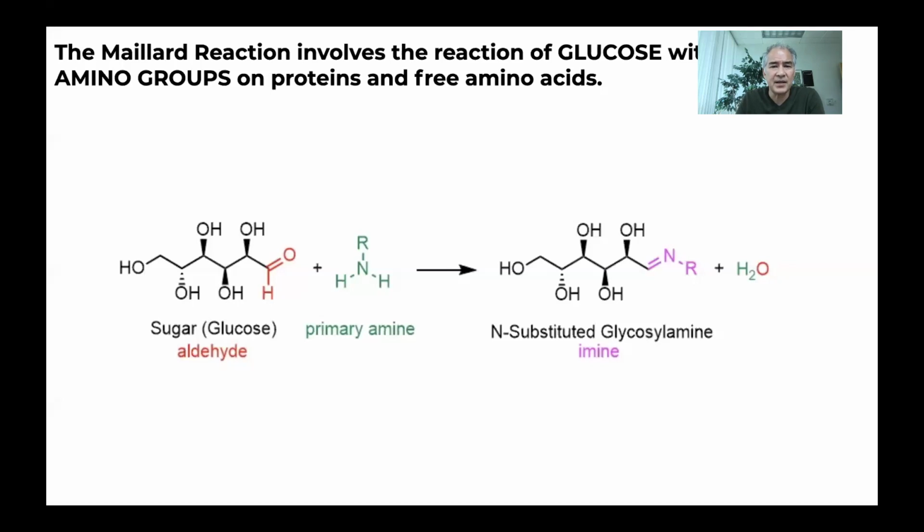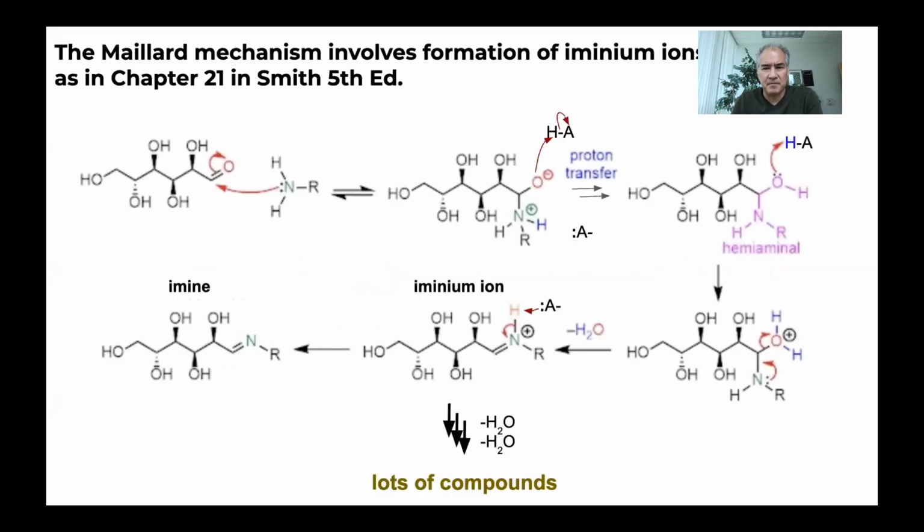So what's happening to the amine groups that are dangling off the surface of a protein as they begin to react, or free amino acids, though I'm not sure those are as important, and the reaction with the aldehyde groups that you find on monosaccharides, a particular class of carbohydrates. We're going to be talking about this mechanism in more detail.